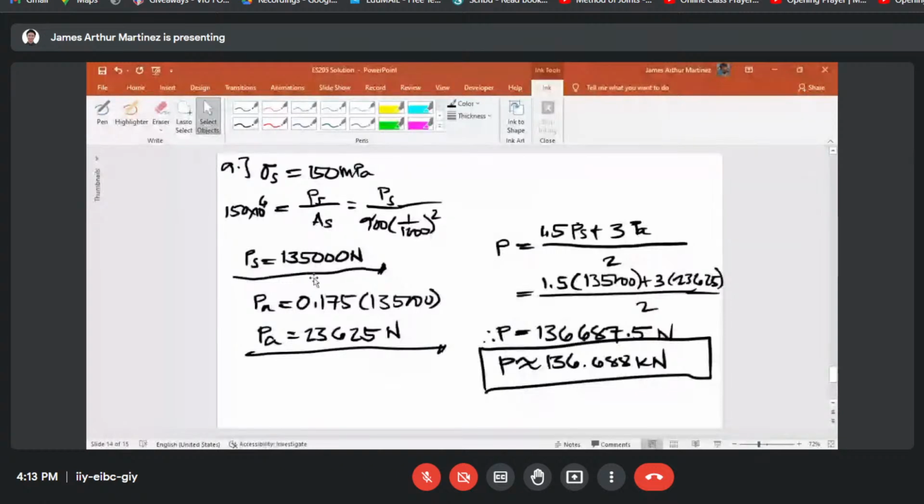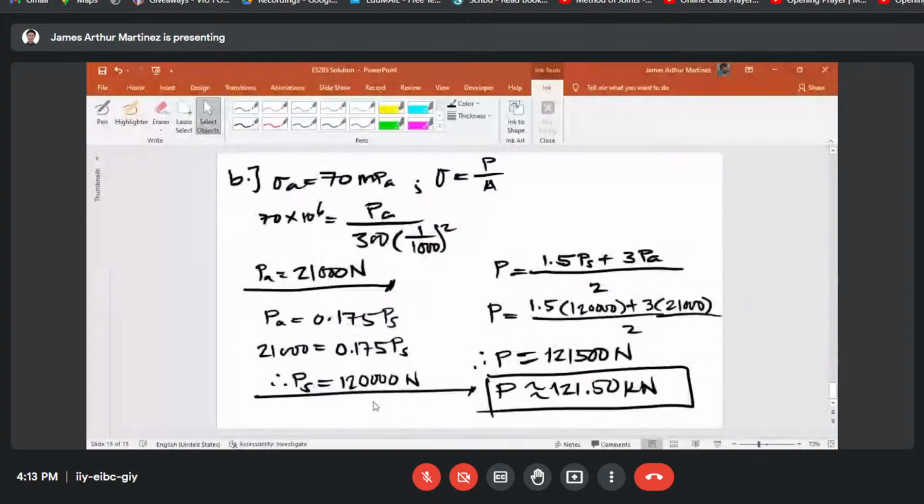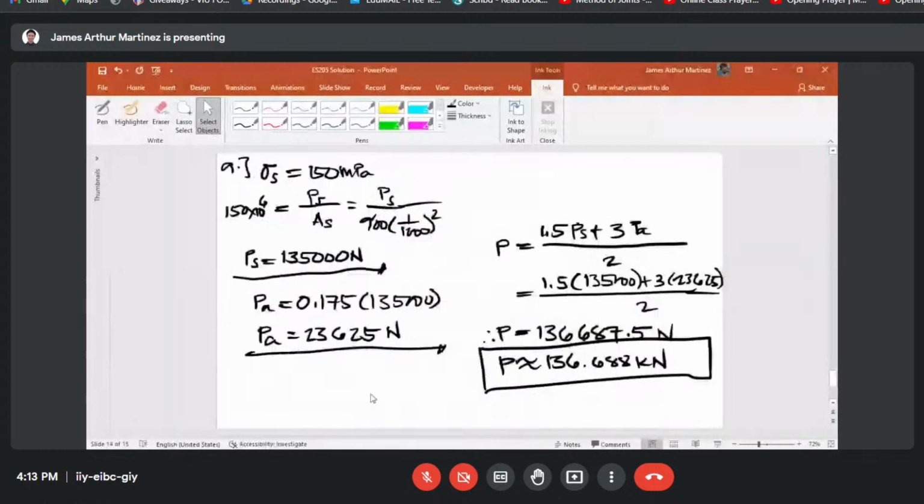So, which value will we adopt? Of course, you are to adopt the internal reaction of steel, 120,000 newton.